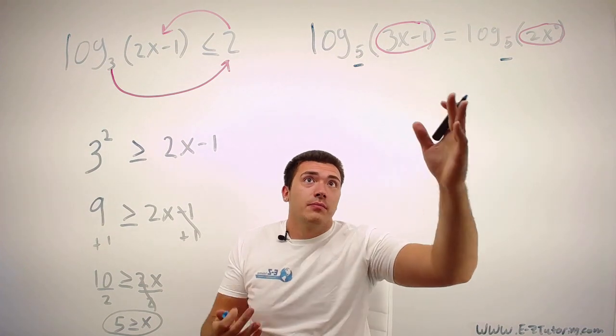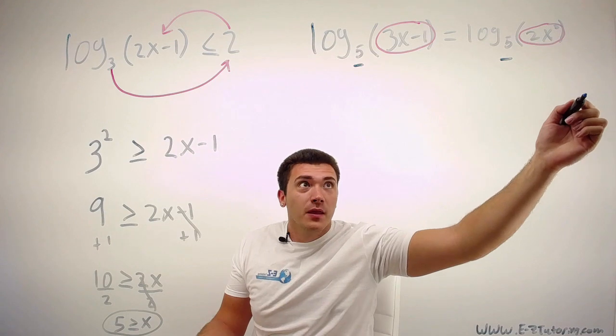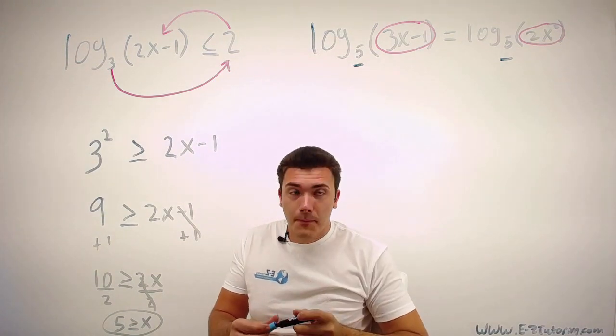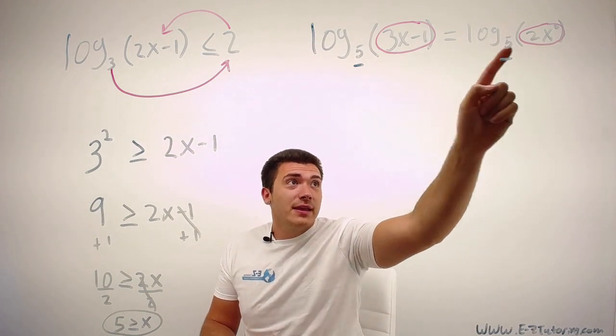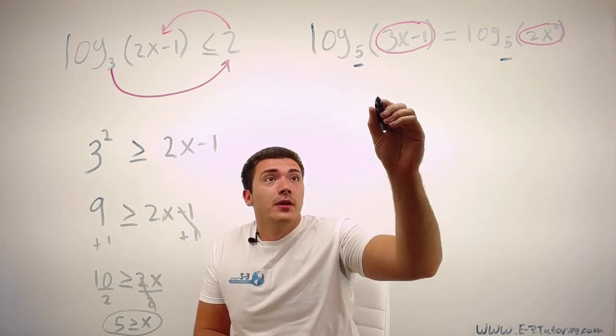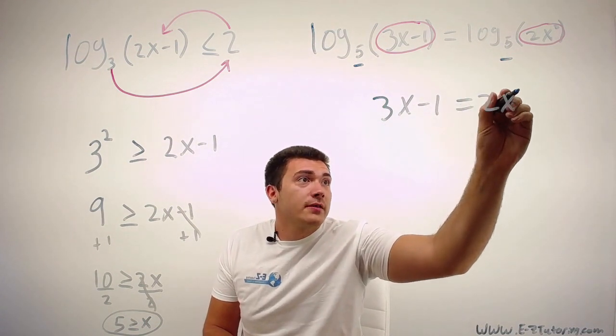If, say, this log were equal to this log plus 1 or something, then no, you couldn't do this. But since everything is the exact same, the base and the logs, you can set the inside of the logs equal to each other. So now we simply have 3x minus 1 equals 2x squared.